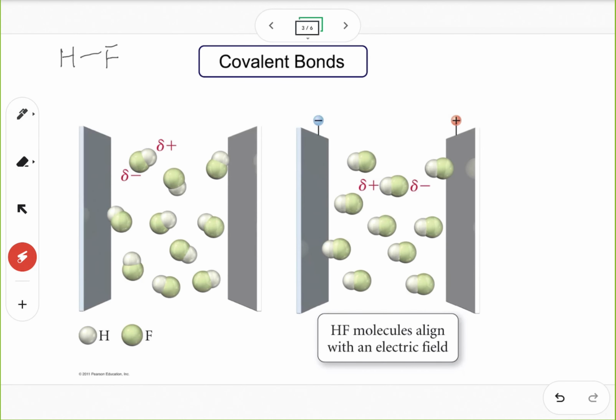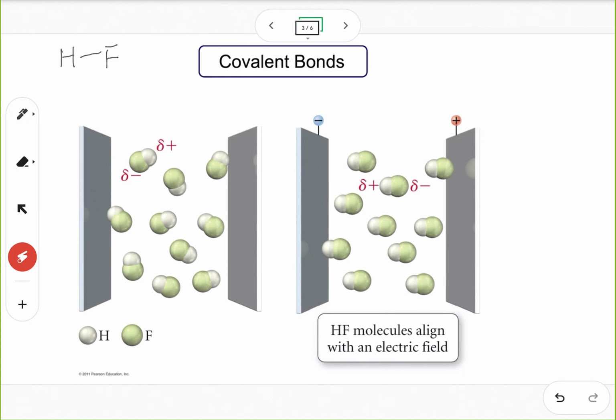Okay, so it looks like once you have those positive charge and negative charge metal plates on the two sides, then those molecules, okay, the two sides of the molecules can be attracted by the two different plates. So that's why all of them get lined up. Okay, so what does that tell us?